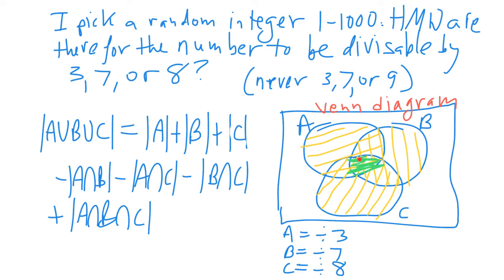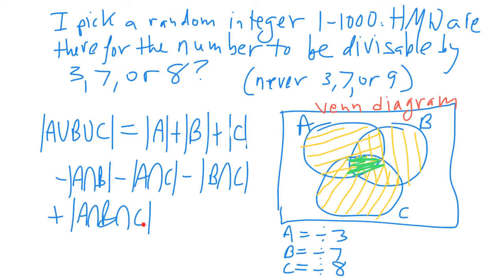But now let's look at that little region right in the middle. It was counted in A, it was counted in B, counted in C, so it was counted 3 times. And then it was subtracted out for the overlap, for the other overlap, and for the other overlap, so it was subtracted 3 times. So that green area has currently not been added at all. Added 3 times, subtracted 3 times.